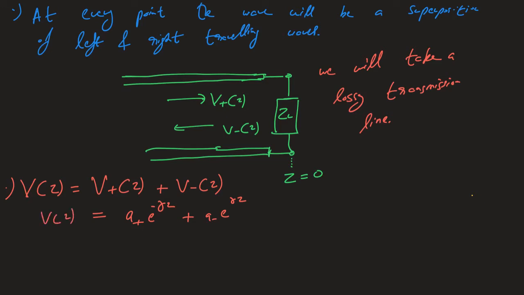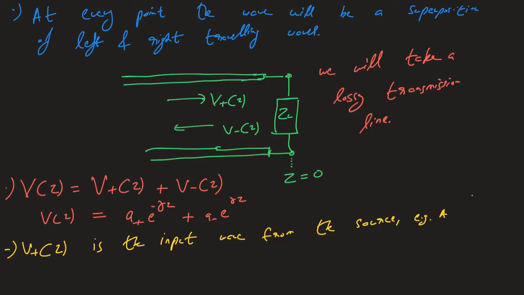Now what we're doing here, the idea basically is that v plus of z, which is the right traveling wave, is the input wave, let's say from the source, for example, a signal generator, such as the ones you had in your freshman physics lab.